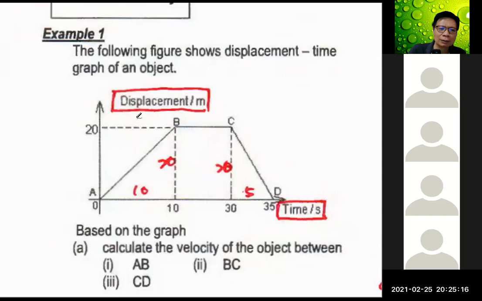After that, BC here, the distance I see now stops at 20. Why is there no change already in the distance, fixed at 20, but the time is still moving? The time goes from 10 seconds to 30 seconds. So what happened here actually?